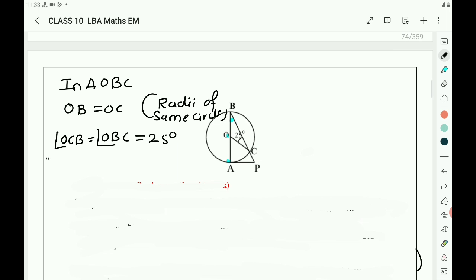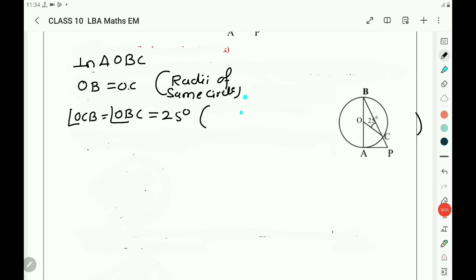Then you write, what is the reason we have to write? Then you write angles opposite to equal sides. Now you take the triangle BAP. It is a right angle triangle. Angle A is equal to 90 degrees.